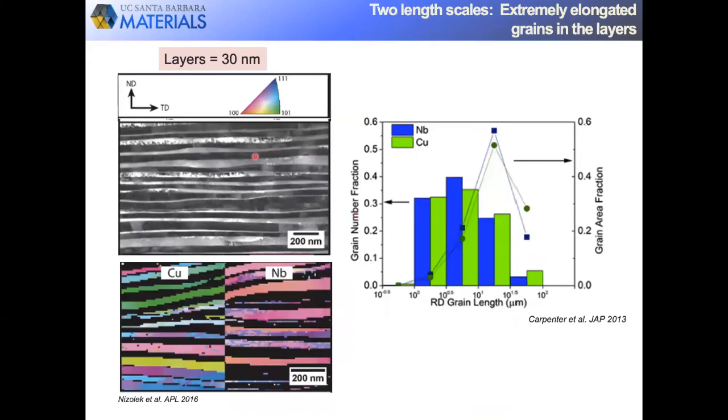So another odd microstructural feature was the in-plane length of these grains inside the layers. It's exceptionally large. Normally in rolled materials, the grains do become elongated in the rolling direction. We expect that. But the aspect ratios are commonly 10 to 20.